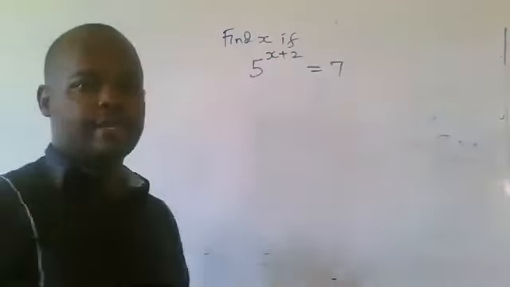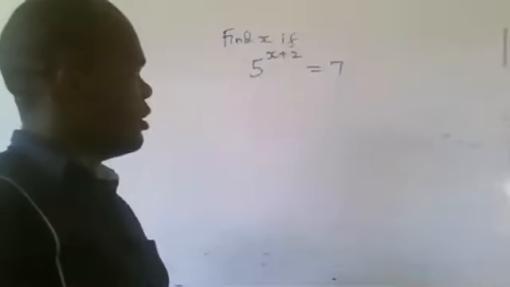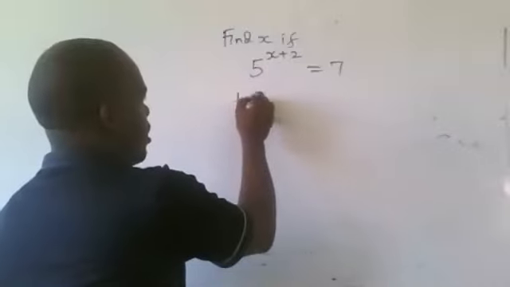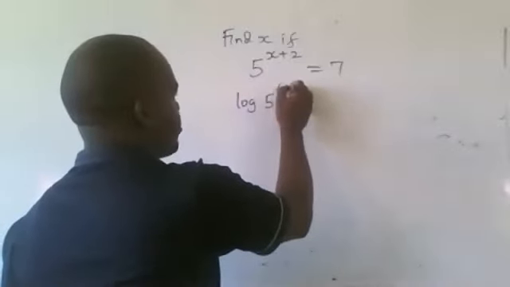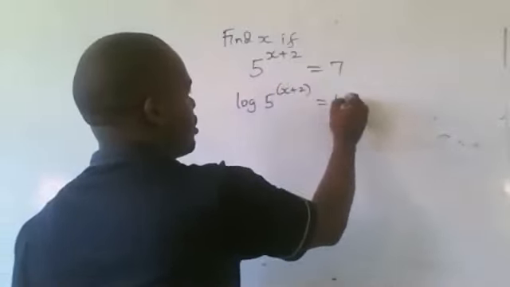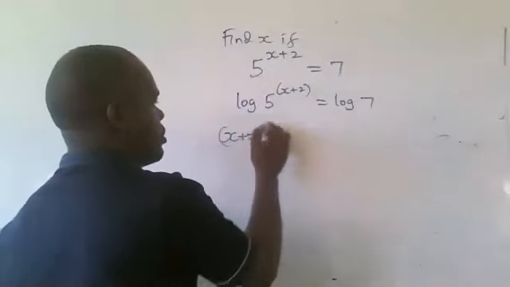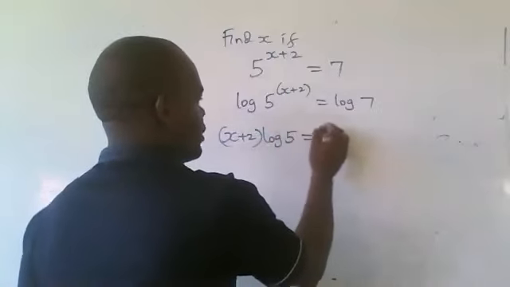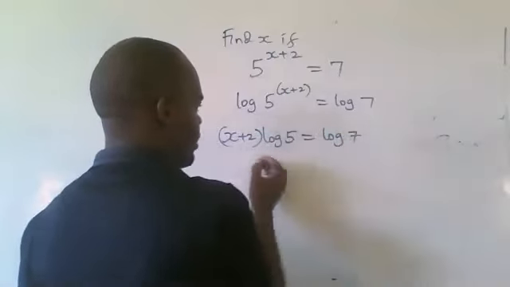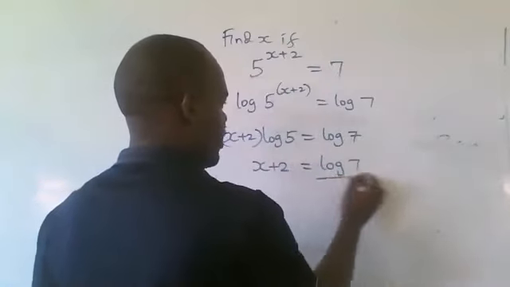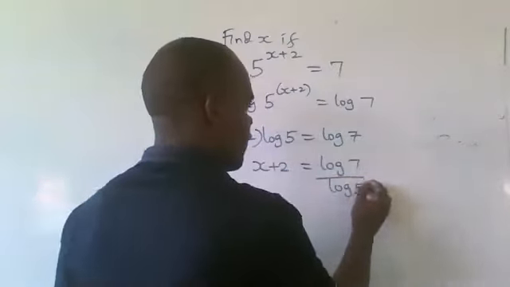In this case, you introduce logarithms and say log of 5 power x plus 2 is equal to log of 7. So this is x plus 2 log 5 is equal to log 7. So x plus 2 is equal to log 7 over log 5.